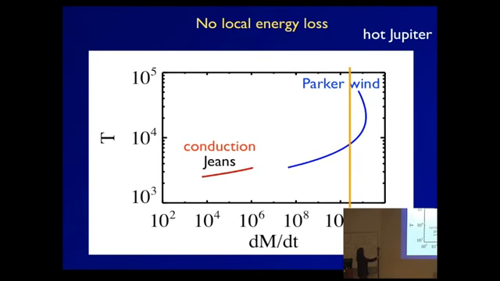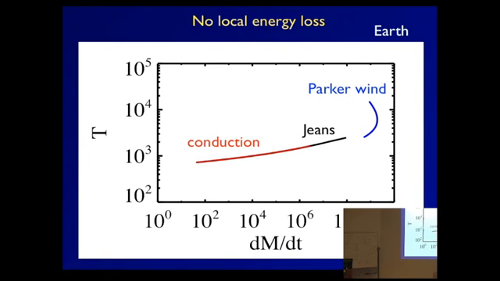And it puts it at something like 10^4 Kelvin in the Parker wind regime. Now I know that that's a temperature that won't necessarily have strong radiative coolants. And it's self-consistent chemically if I do this for atomic hydrogen. So basically I'm done. I can do the same thing for Earth and get myself into the Jeans regime where conduction is important. And then I know that I have to redo my calculation, including conduction.